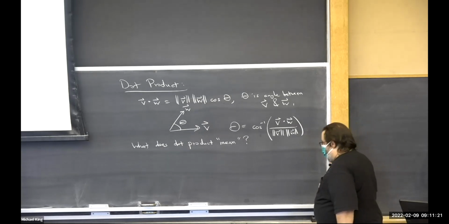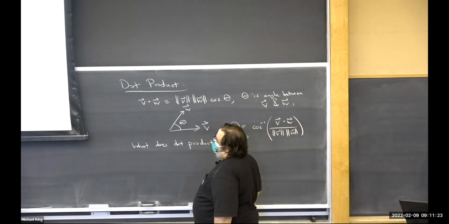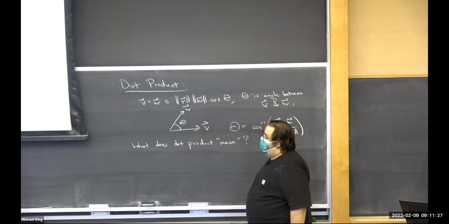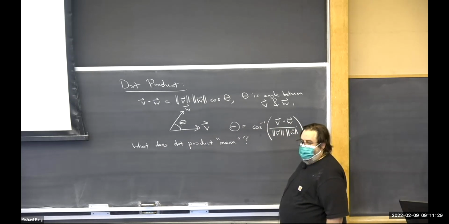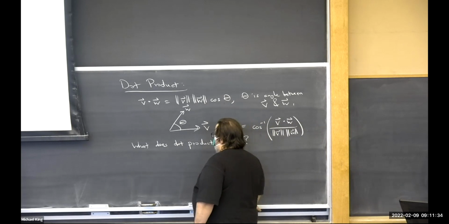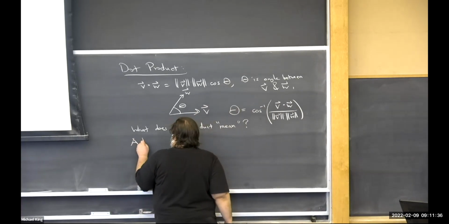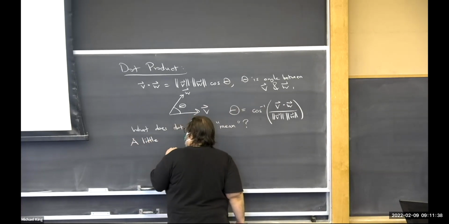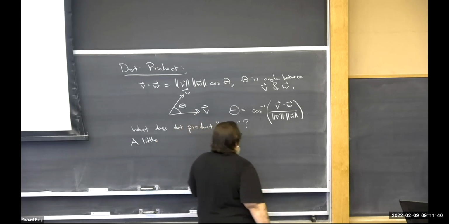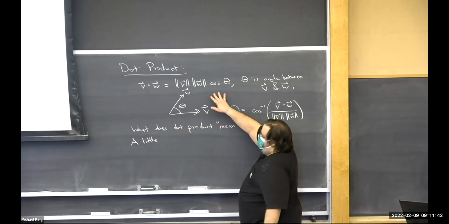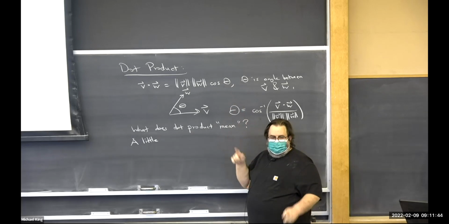But one thing we saw here was this number 11 on here, which is that V and W are perpendicular if and only if their dot product is 0. The magnitude is a little hard to interpret, because this interpretation depends on the magnitude of each vector.